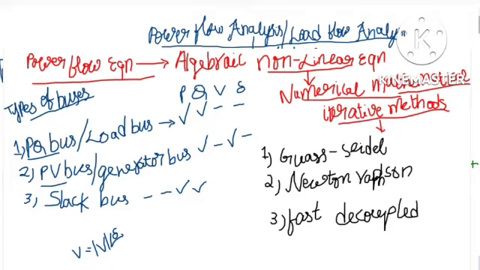First one is the Gauss-Seidel power flow solution. Second method is the Newton-Raphson method.